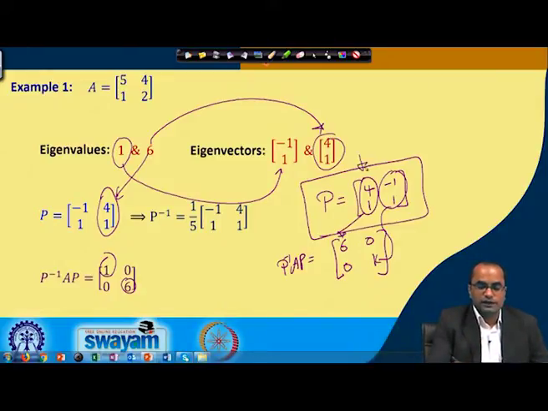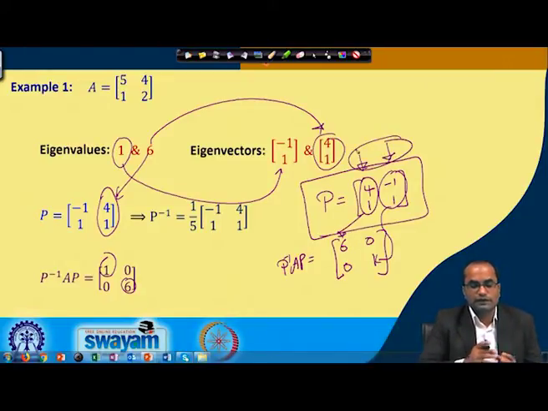So the order we place the eigenvectors, the corresponding order will be followed in the diagonal entries as the eigenvalues. That is important.